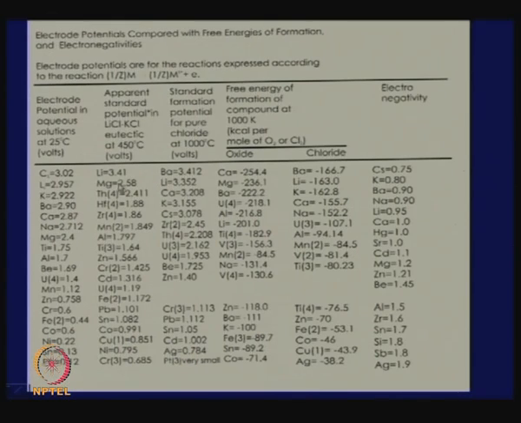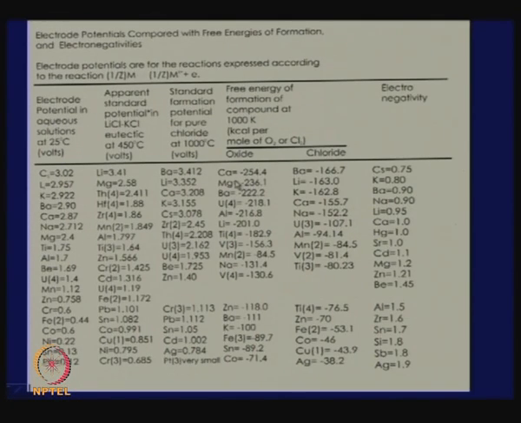Another criterion that we use to understand reactivities is free energies of formation of oxides, chlorides and other compounds. Metals which are placed high in the electrode potential series, which are very reactive, form very stable compounds, and stable compounds will be characterized by more negative values for free energies of formation.